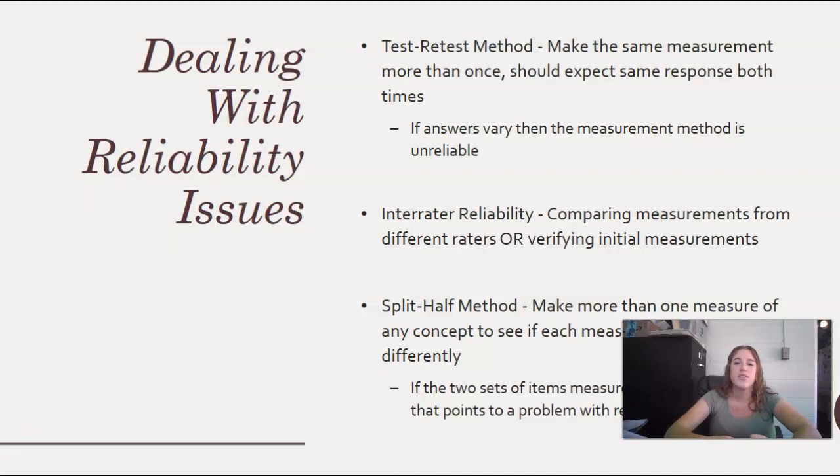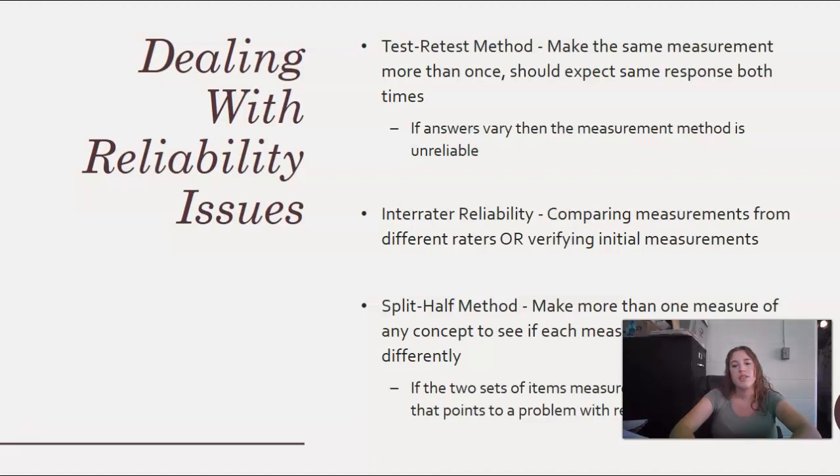Sometimes we see different answers because of things like faulty memory, so it's better to test and retest within a short period of time, six months, a year at the most, so people still have the information fresh in their mind. It's not that they're trying to lie, it's just sometimes they forget.